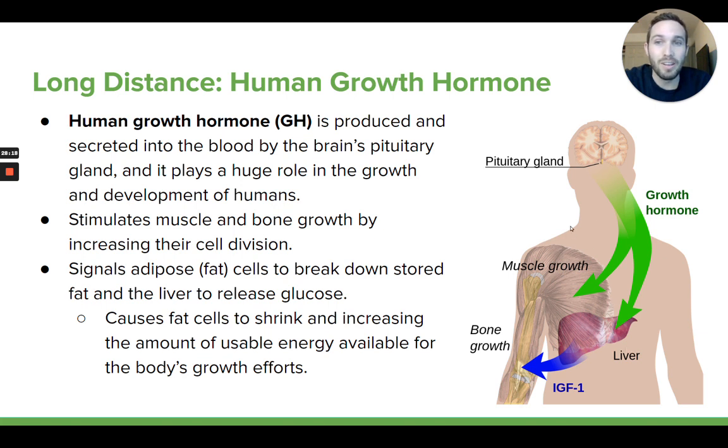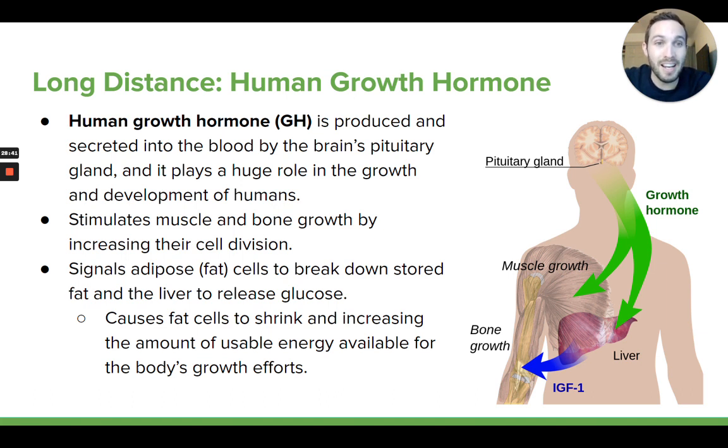And so the human growth hormone, when it's released into your blood, it will travel in your blood to your muscles, and it tells your muscle cells and your bone cells to start dividing more. It also tells your liver cells and your fat cells to release glucose into the blood so that these cells now have energy as they start dividing, which basically then causes you to start growing, as the name suggests.